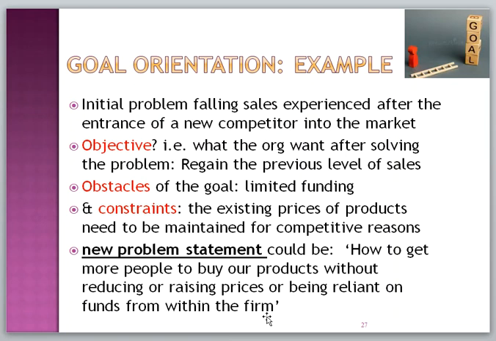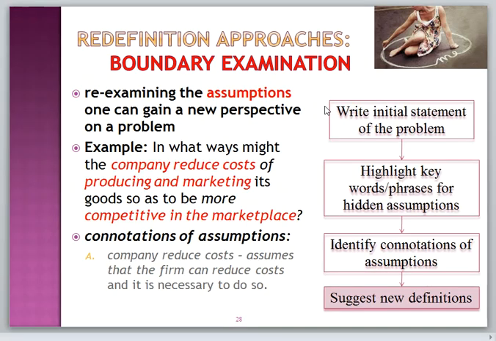This is a more appropriate definition of the problem than merely saying falling sales. It will help enhance the solutions found for this problem. That was technique number 2, goal orientation.